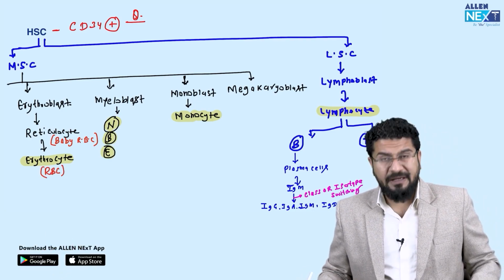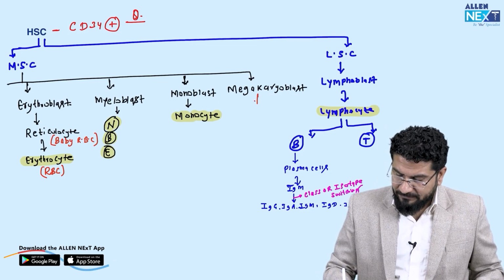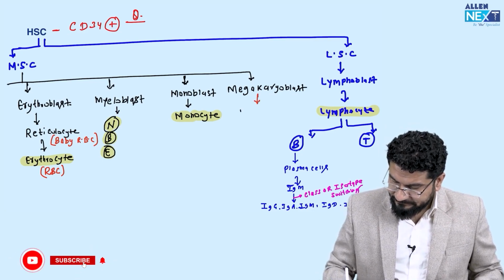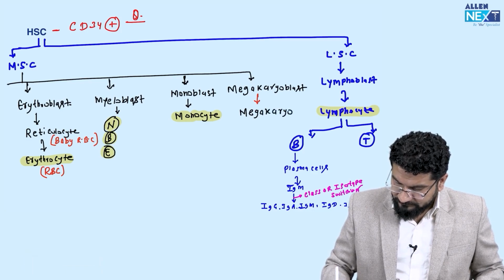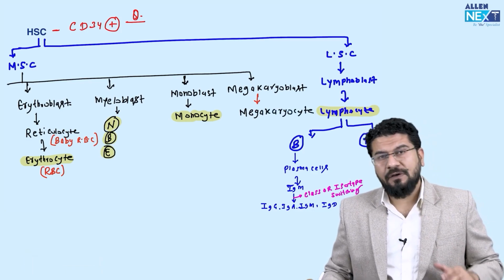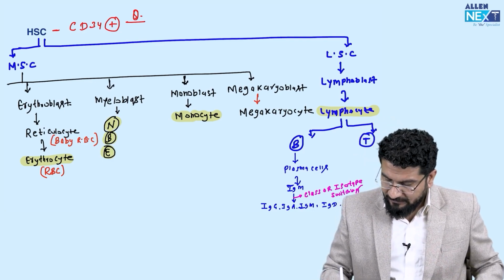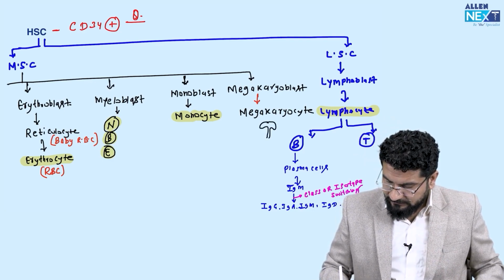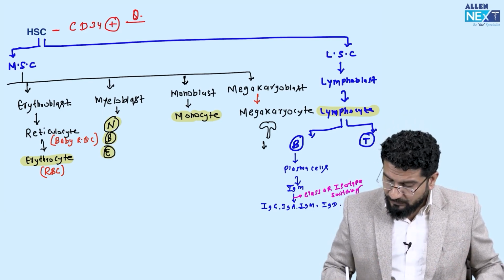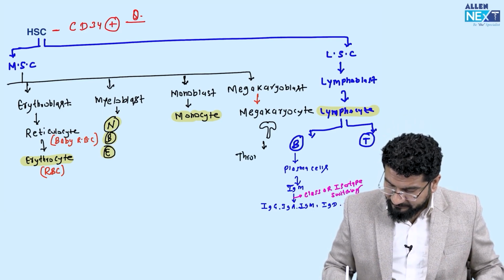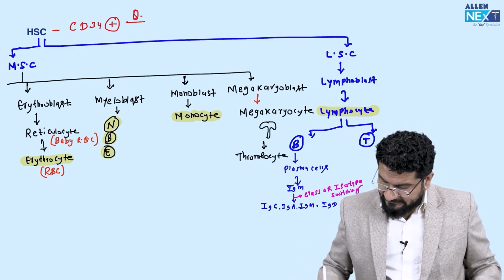Now this megakaryoblast will produce megakaryocyte. The extension of cytoplasm of this megakaryocyte will produce a cell that is called thrombocyte, or platelet.